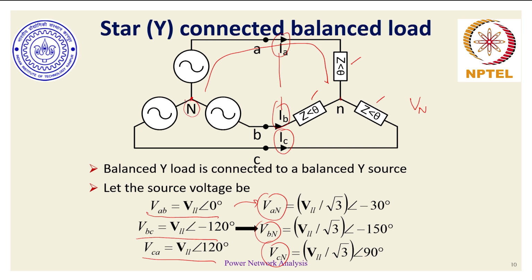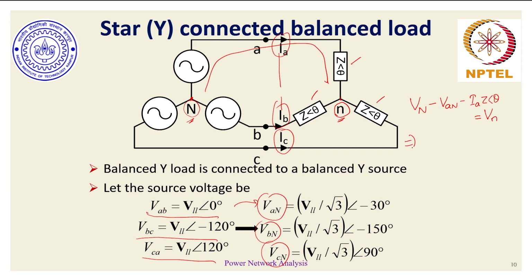I am traversing towards phase A, so Vn minus Van minus Ia Z at an angle theta should be equal to V of small n, where V of small n is the potential of the neutral point of the balanced load, and the potentials of the neutral of generator and load are being measured with respect to some common ground or some common reference.